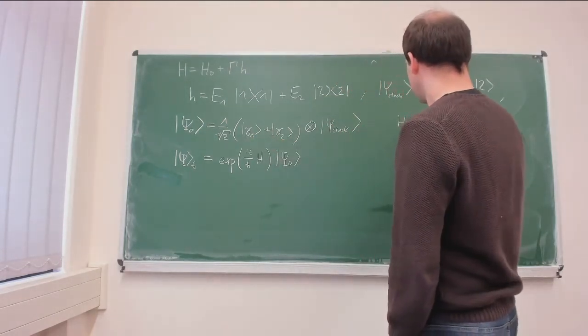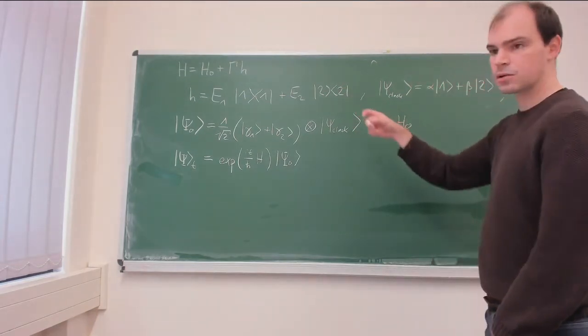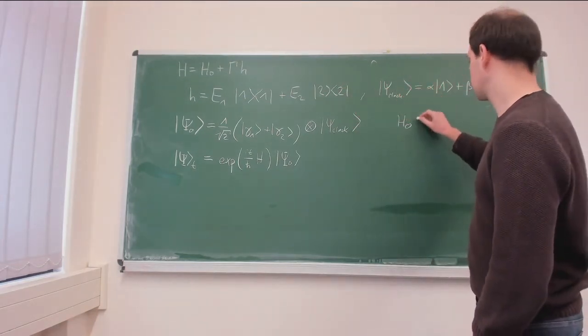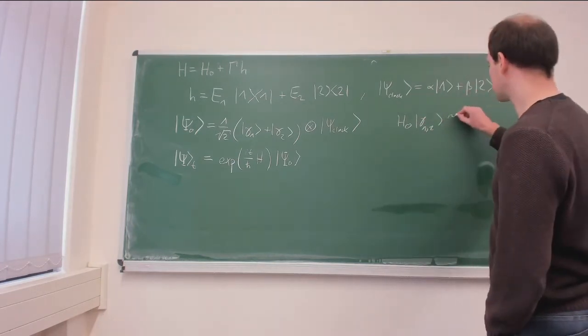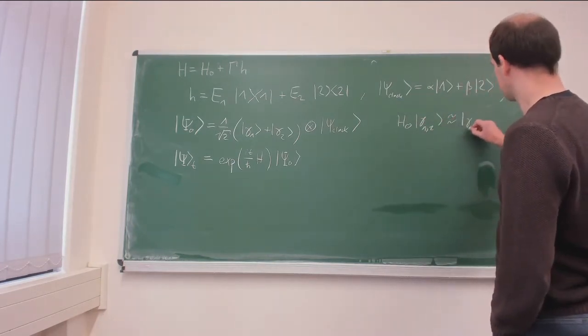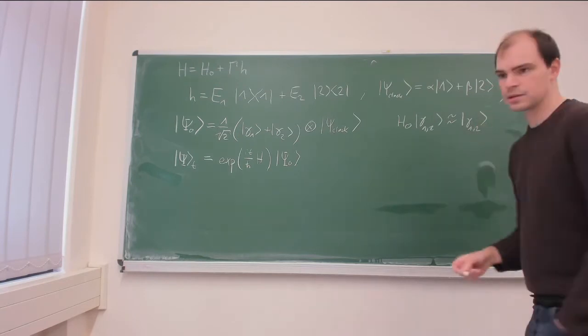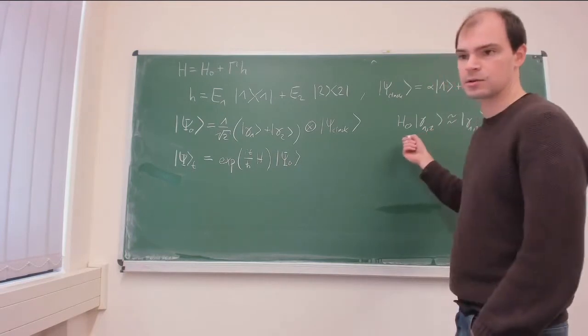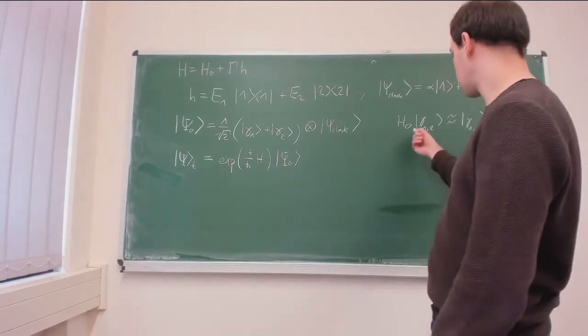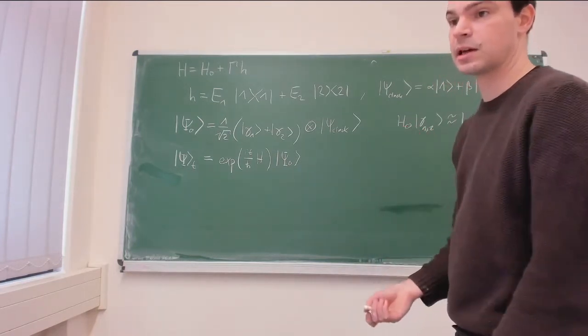So basically H0, the free Hamiltonian, acting on gamma 1 and gamma 2 doesn't really do anything. It just gives us the same state back, because these trajectories are basically given by the Hamiltonian H0.